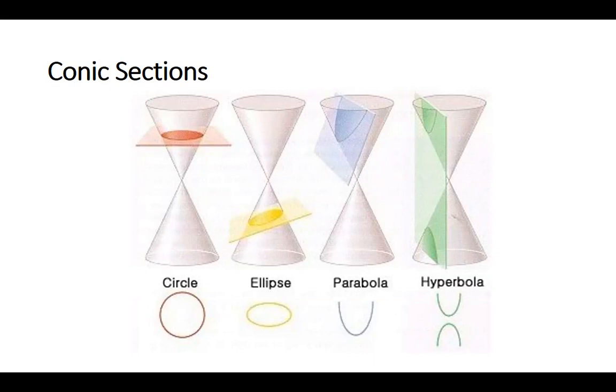When you deal with the formula for circles, you'll see that if the radius of the circle is 0, you end up with a point. So there is a solid relationship between them. And that's an introduction to conic sections.